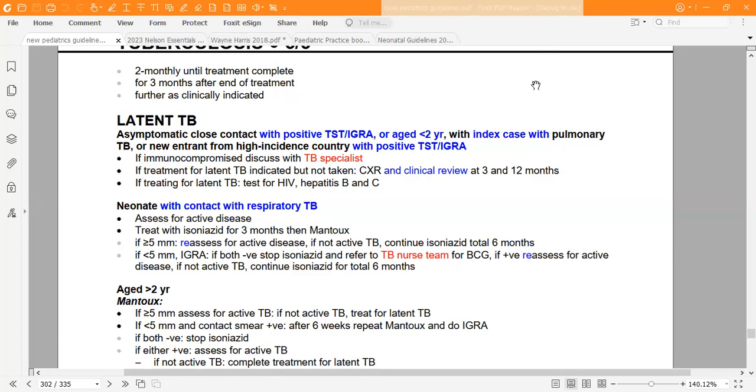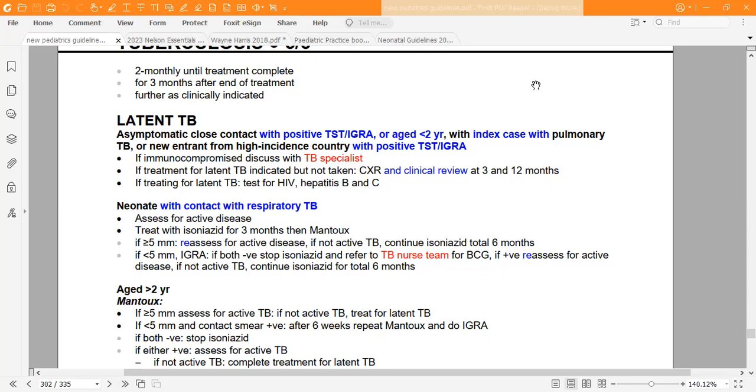So that's what latent TB means. He is asymptomatic, a close contact, with a positive tuberculin test or IGRA, or his age is less than 2 years with an index case with pulmonary TB, or he is a new entrant from a high incidence country with positive tuberculin test or IGRA.